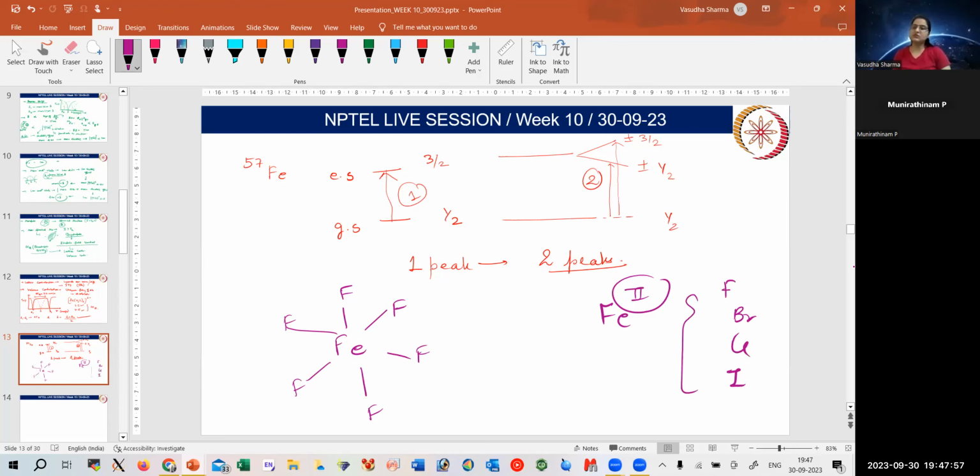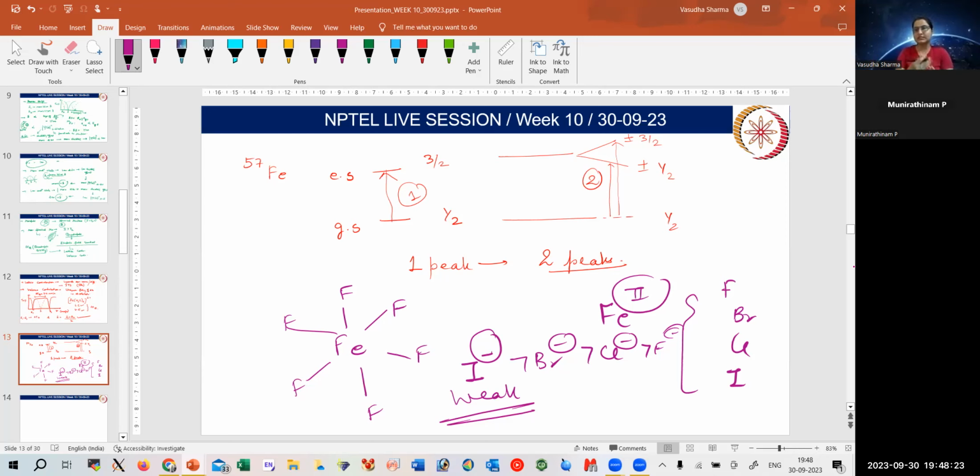And also you need to see the electrochemical series, which one is the weak ligand and which one is the stronger ligand. If you see, iodide is the weakest ligand compared to bromide, then chloride. I'm talking about the weak ligand. The weaker the ligand, the less interaction with your system, and the d electron density would be more.